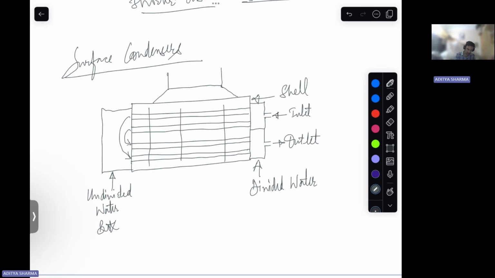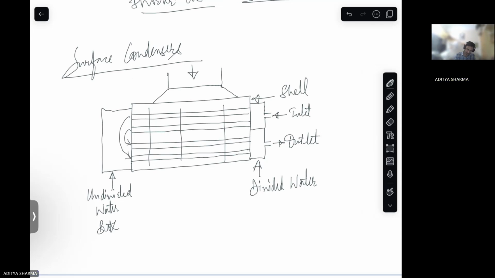So these are supports for your tubes. Okay. From here, your turbine exhaust, okay, in the form of steam. So this is your turbine exhaust that is entering from here. At the bottom, you have collection of your condensate. Okay, so your condensate will be collected here.